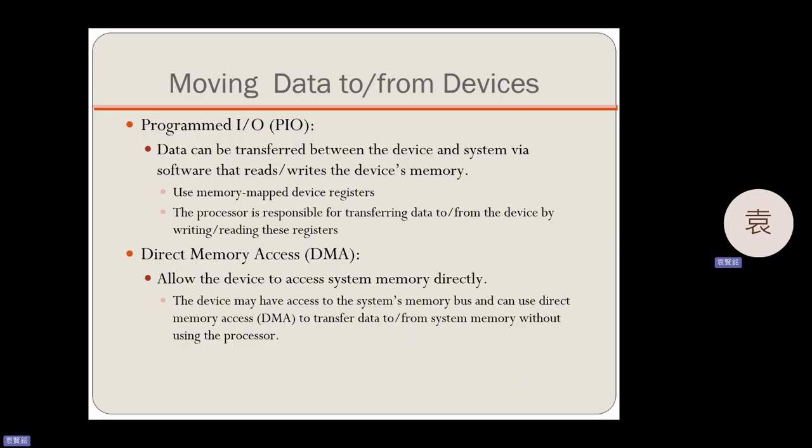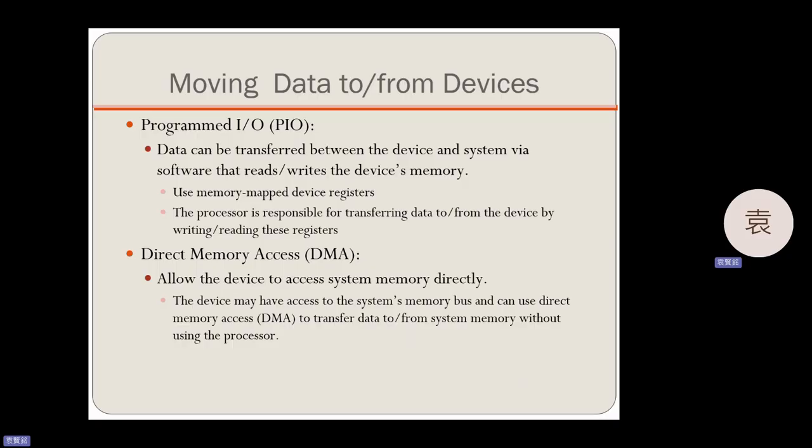So the system bus needs to be controlled in such a way that the CPU and device do not conflict when accessing the bus. In general, the CPU has a high priority. So when the CPU issues an instruction that needs to use the system bus, the device will not get the access right.